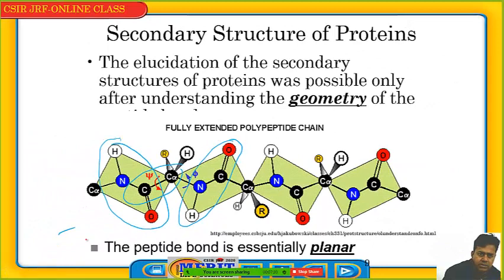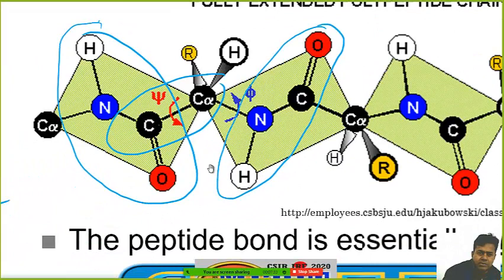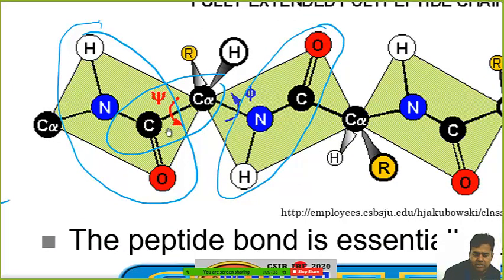So now you can see here, this is the CONH, right? The red one is the O. CONH, that is the peptide bond, and this one peptide bond is going to link with the other carbon, right? Because of the other carbon's peptide bond.